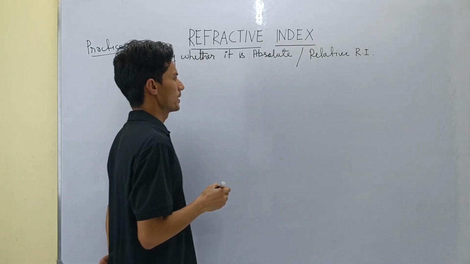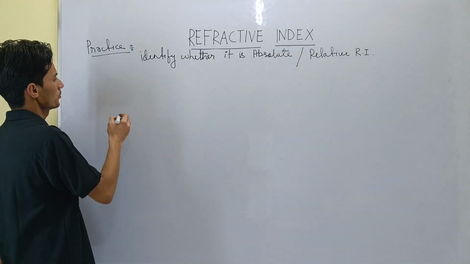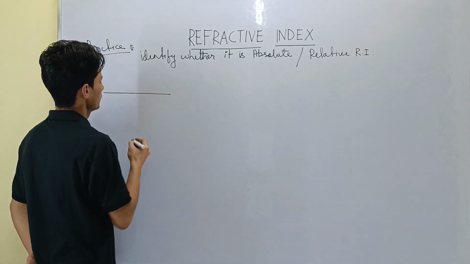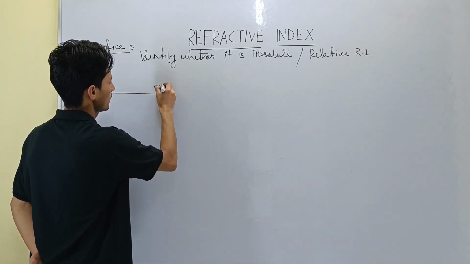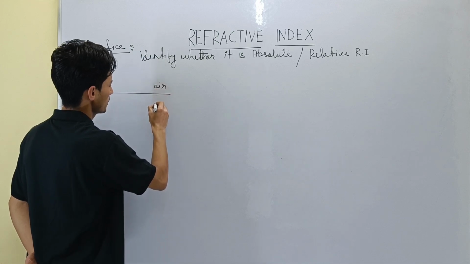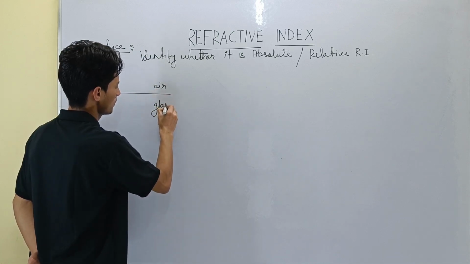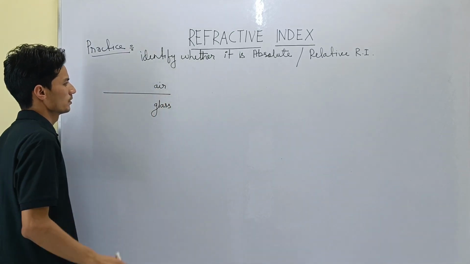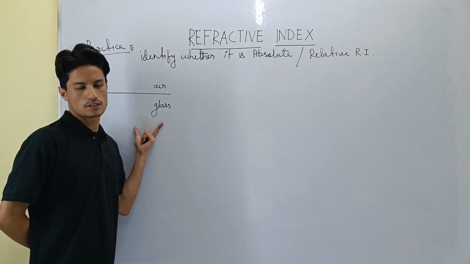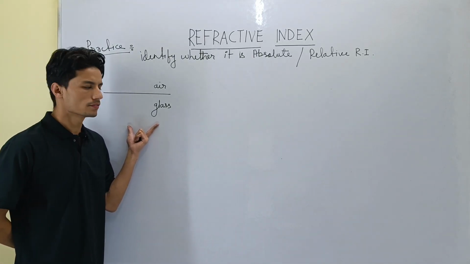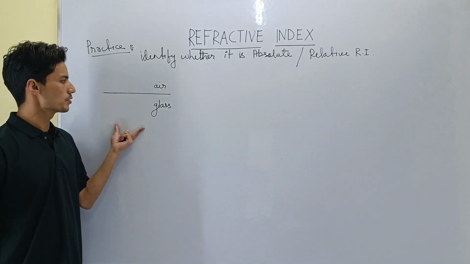That is what you have to tell me. Now the first one: air, say glass. Now, is it a case of absolute or relative? This is a case of absolute, is it not?